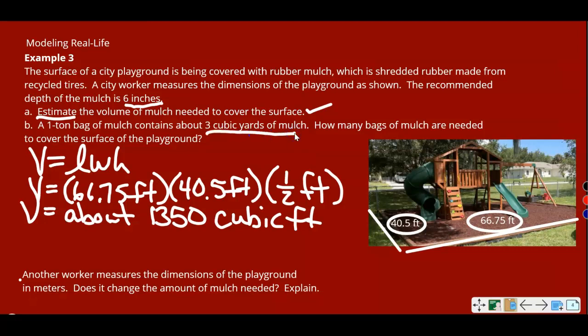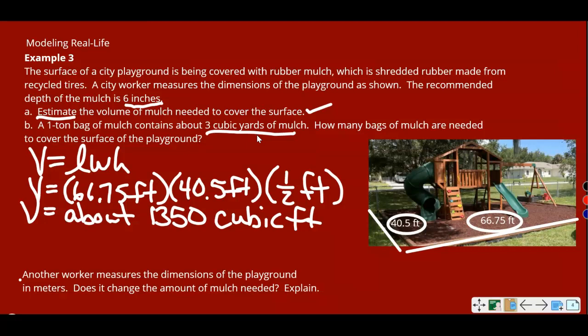How many bags of mulch are needed to cover the surface of the playground? We know that we have about 1,350 cubic feet to cover. Each bag covers 3 cubic yards. So this is in feet, this is in yards, so we're going to have to do a conversion again.